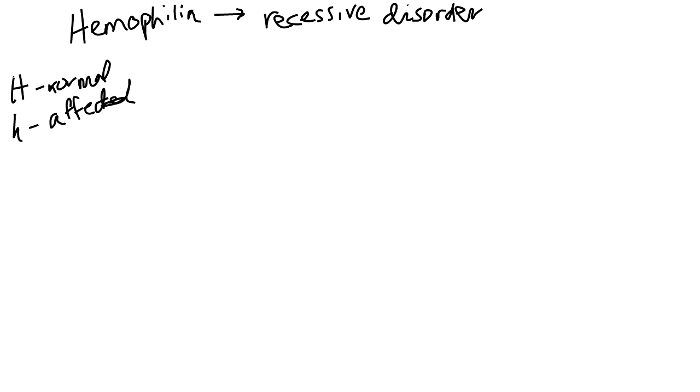So let's say we have, let's use Jack and Jill again. Okay, we've got Jack and we've got Jill. Jack is normal. He is not a hemophiliac. So that's easy for us to figure out. The first thing we need to do is put Jack's sex chromosomes down and put Jill's sex chromosomes down.